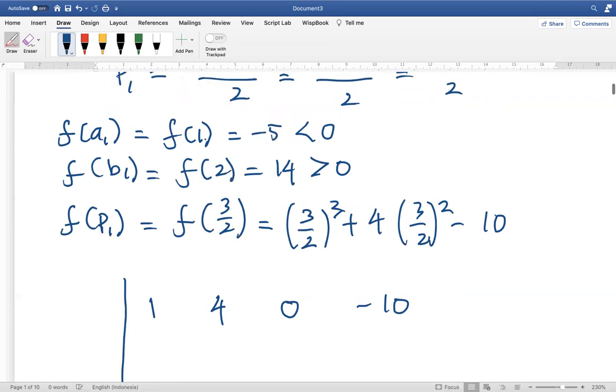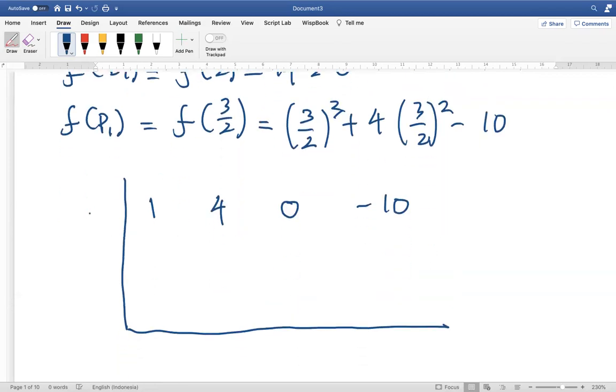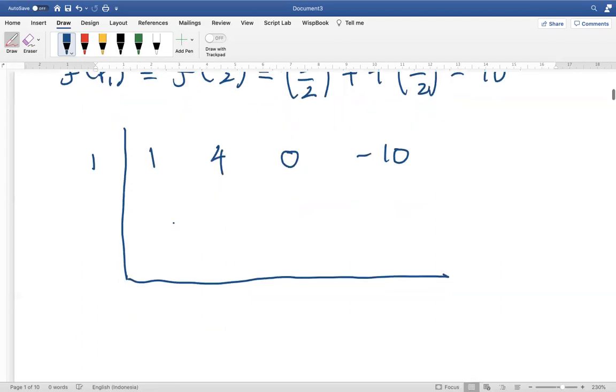Let's check. If x equals 1, you just put 1 here. Then bring down 1, multiply by 1, which is 1. Add: 4 plus 1 is 5. Then 5 times 1 is 5; add 0 plus 5, which is 5. Then minus 10 plus 5 is minus 5.